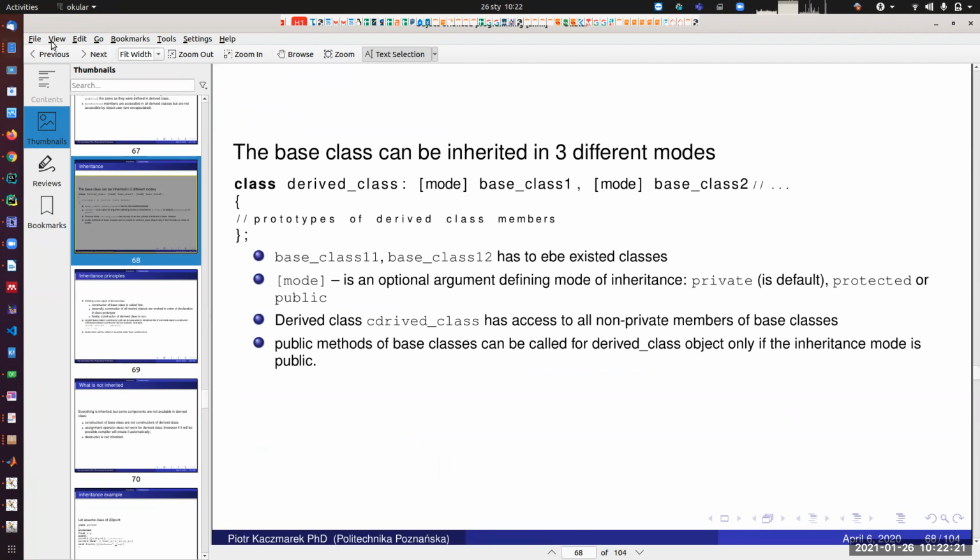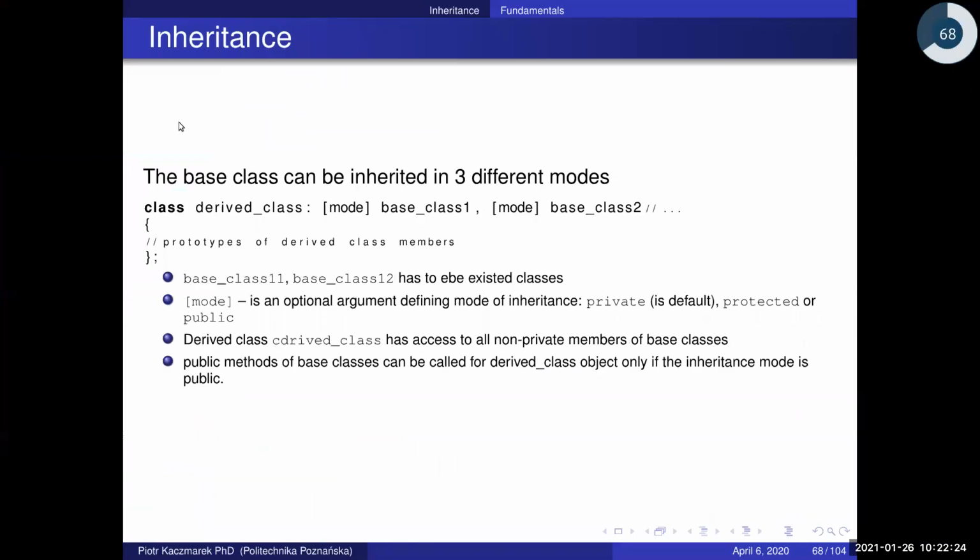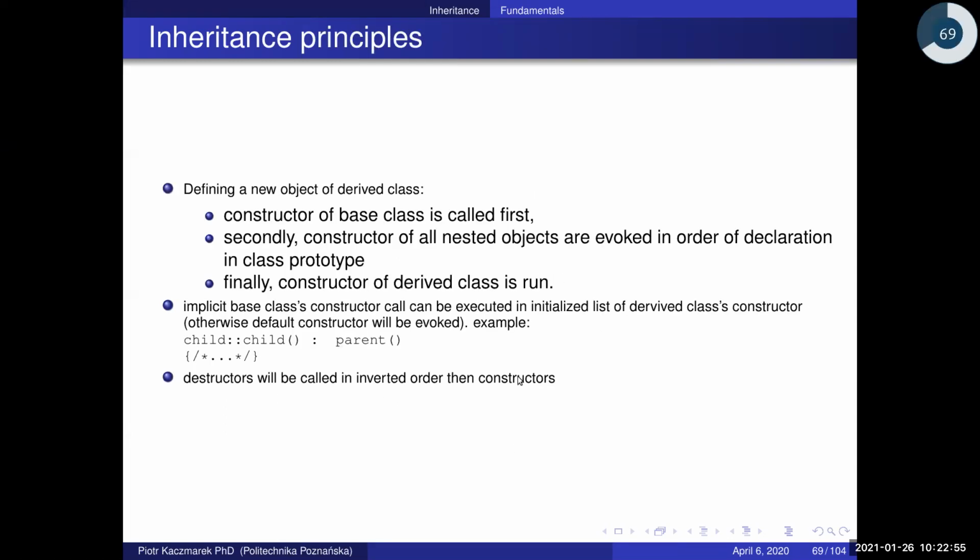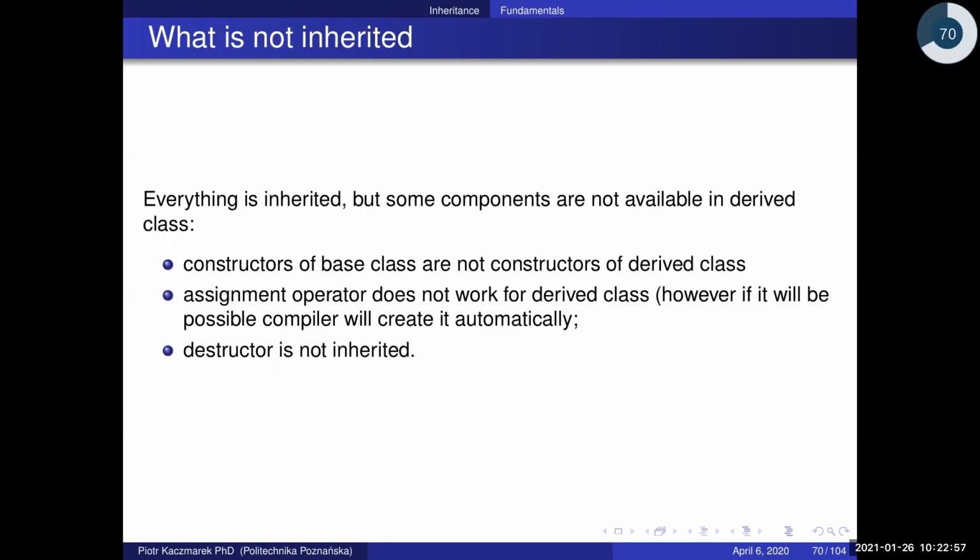Okay. So you should remember that if the method in the base class is public and the inheritance mode is also public, the object user can call all public methods from the derived class.